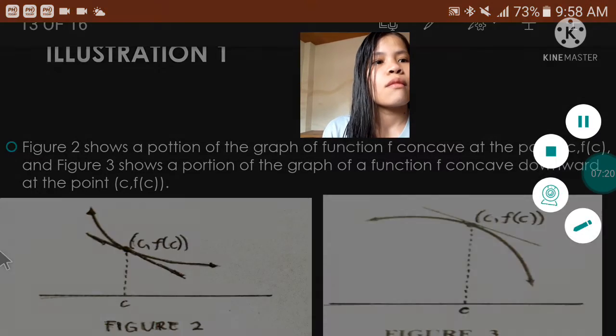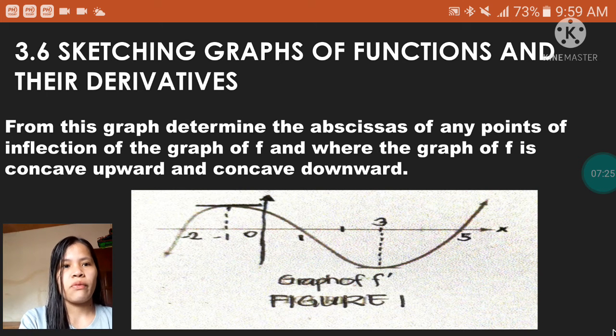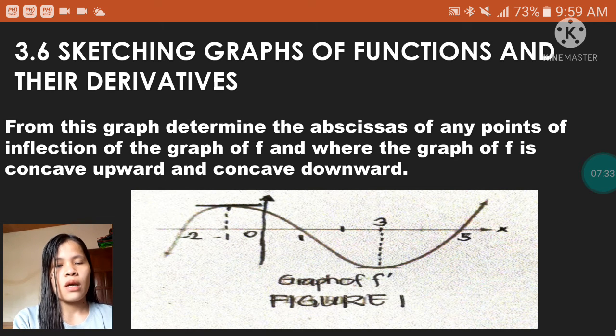3.6 sketching graphs of functions using derivatives. From this graph, determine the abscissas of any points of inflection of the graph of f and where the graph of f is concave upward and concave downward. As you can see in the graph, here is where it is concave upward.